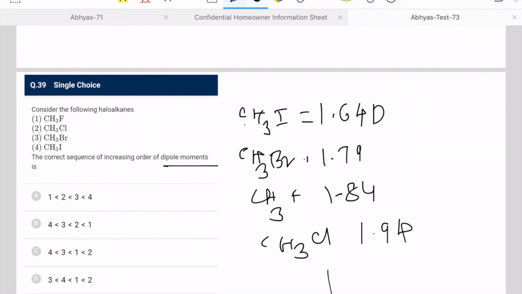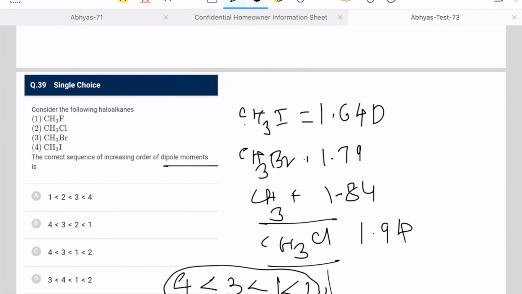So here we have to be a little careful only with F and Cl. So 4 is less than 3, less than 1, and less than 2. So this is the correct option. So 4, 1, 2 and C is the correct option.